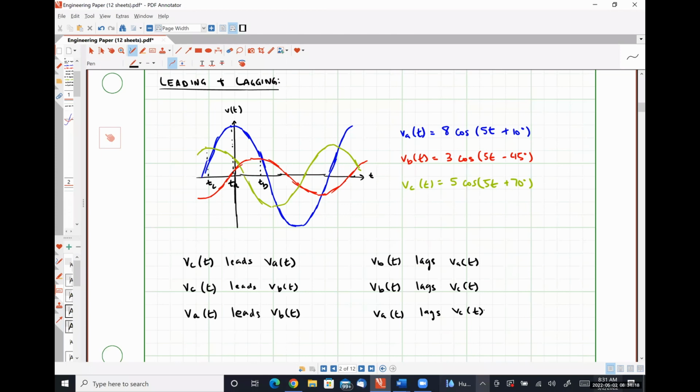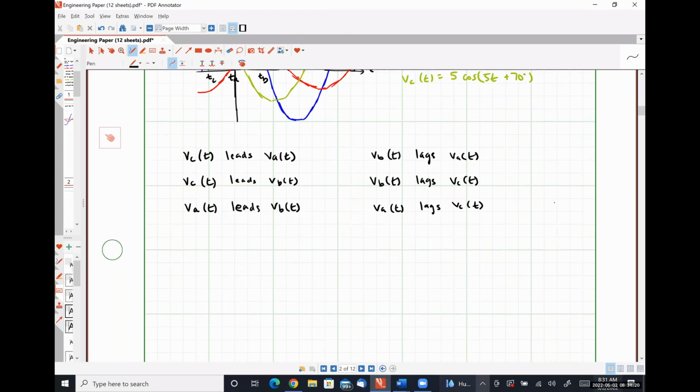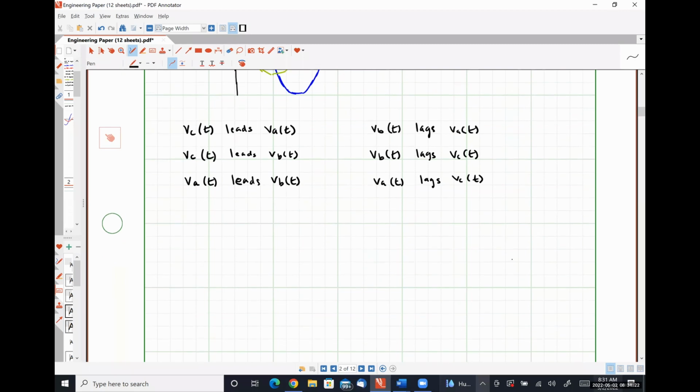Okay. So in a phase diagram, we have a plot. And it is simply a plot of angles, okay?